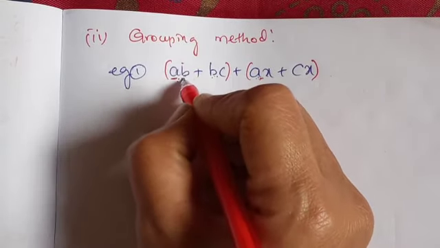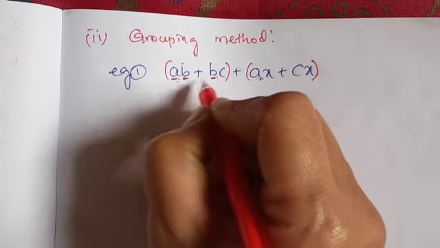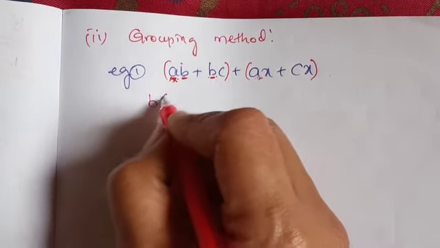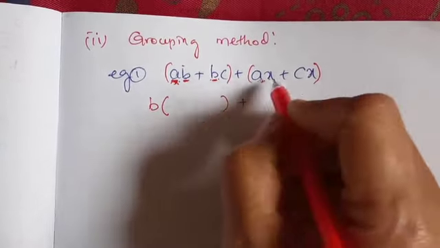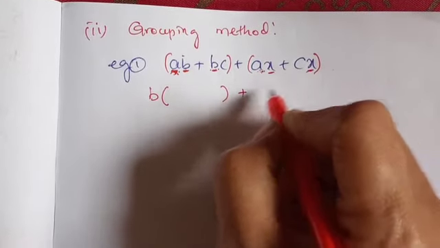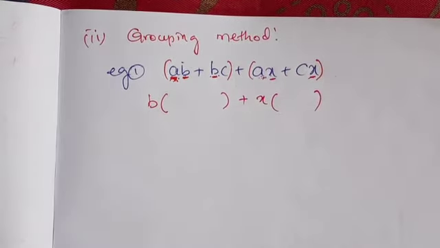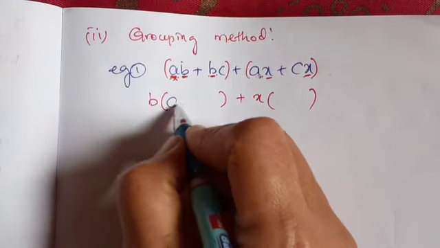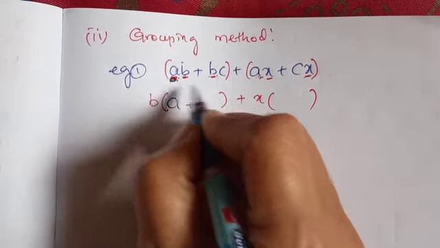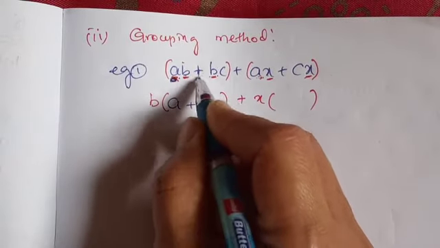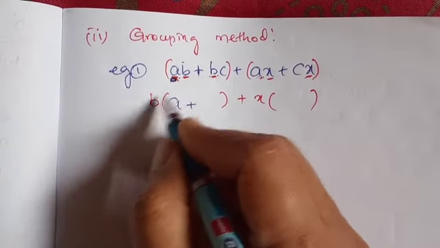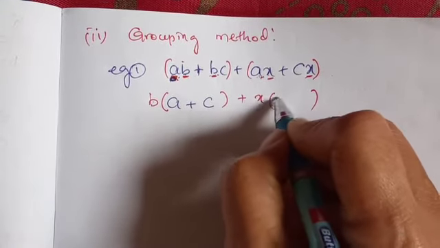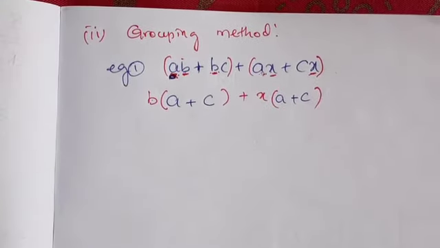So here the similar, like terms we can say, not this one, children. In ab plus bc, I'm taking b as common here. Plus, among ax plus cx, x is common. Yes, children. So now a is left inside. Plus, b I have taken out, so c will be left. x I have taken out, so a will be left, plus c will be left.